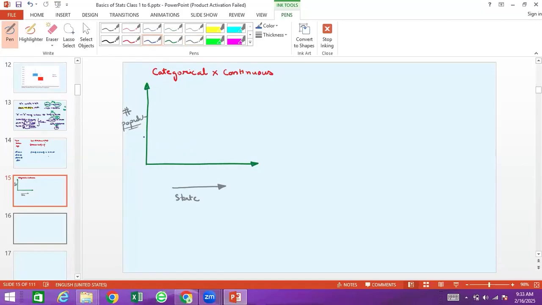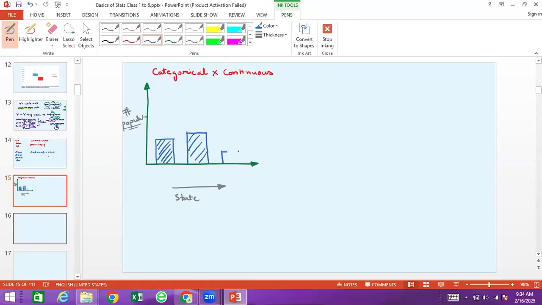So population is a continuous variable and the state names are a categorical variable. If I want to create a chart between a categorical variable and a continuous variable, it will always be a bar chart. I will discuss where we will be using pie charts later, but this will always be a bar chart.